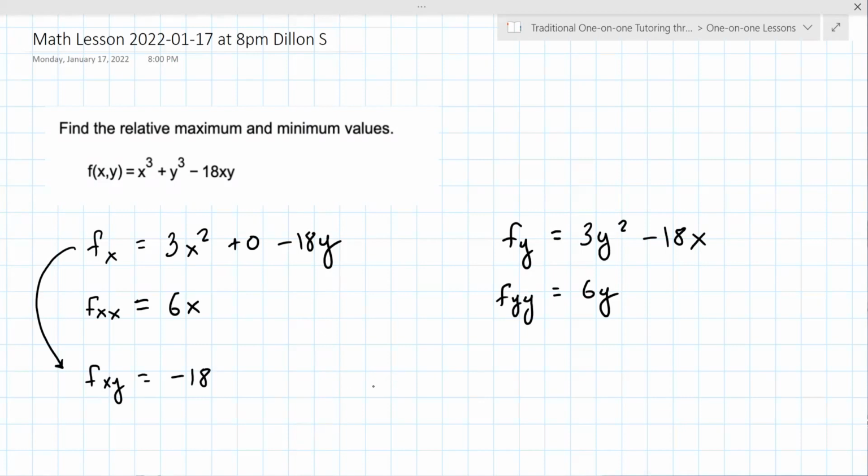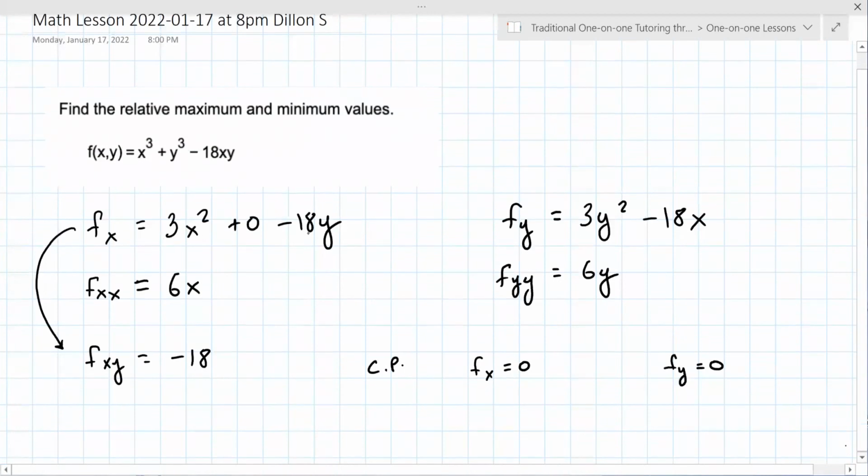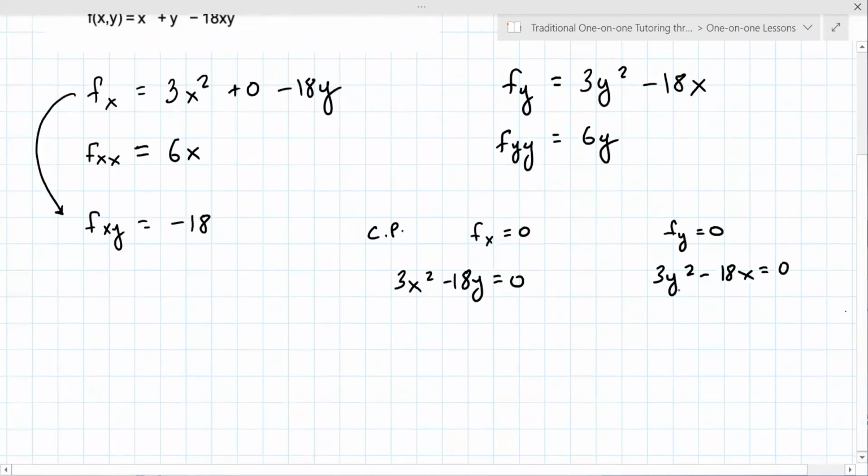So you're looking for what are called critical points, and you find them by setting fx equal to 0 and fy equal to 0. So we're setting this first one equal to 0, 3x squared minus 18y equal to 0, and then 3y squared minus 18x equal to 0. And you have to solve this system here.